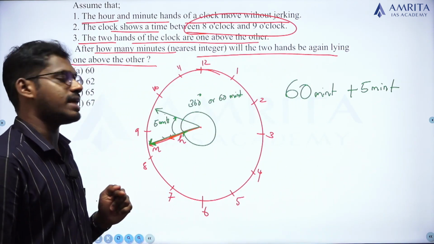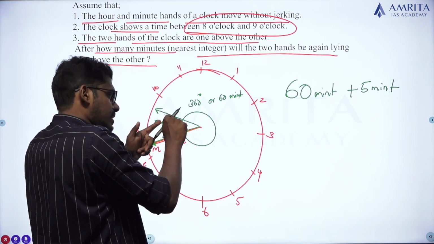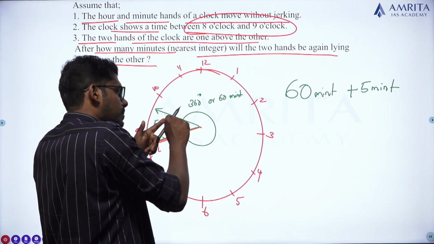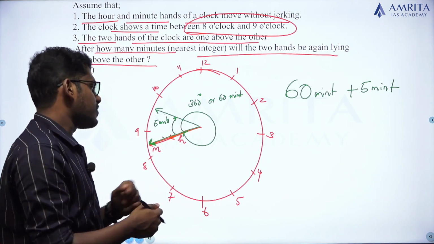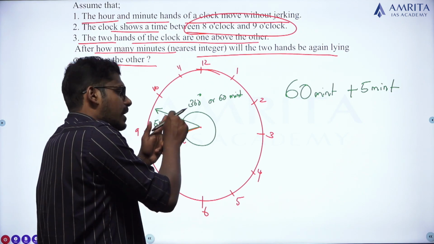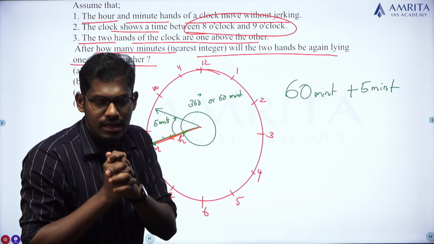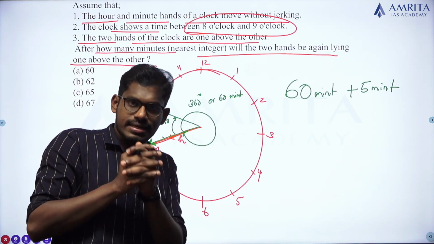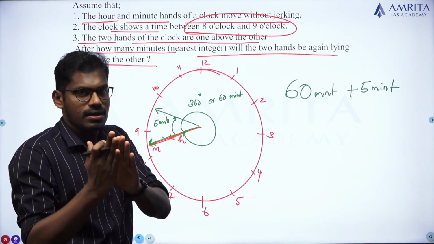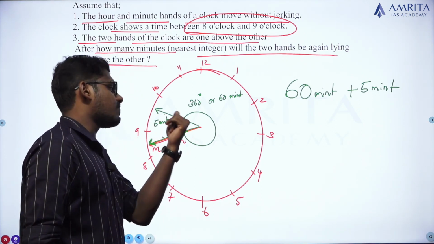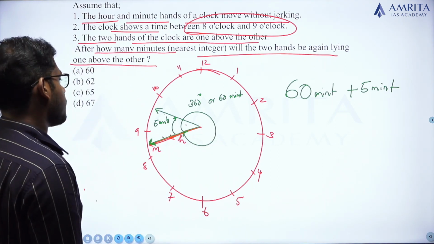But understand one thing, while the minute hand moves 5 minutes, the hour hand will definitely move. Clear? So we have to find the time or the angle moved by the hour hand while this minute hand takes 5 minutes. So we have to find that.